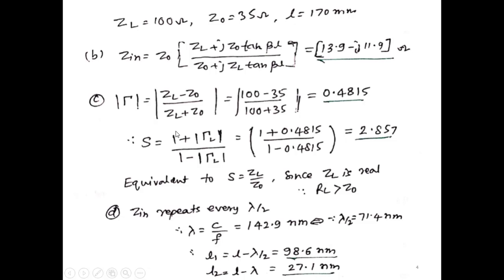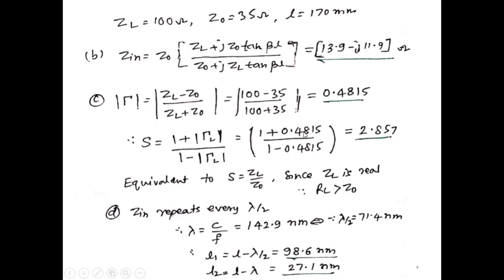And voltage standing wave ratio is given by 1 plus magnitude of the load reflection coefficient, whole divided by 1 minus the magnitude of load reflection coefficient, that is 1 plus gamma L over 1 minus gamma L, where gamma L is 0.4815.